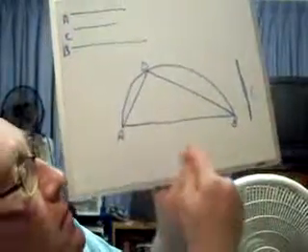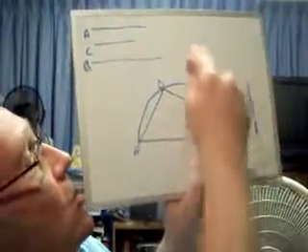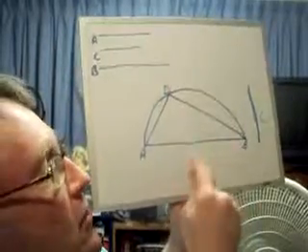Now we have to label the lines. See the labels? Now this has nothing to do with this up here. Forget all this. This is what we're going to concentrate on now.